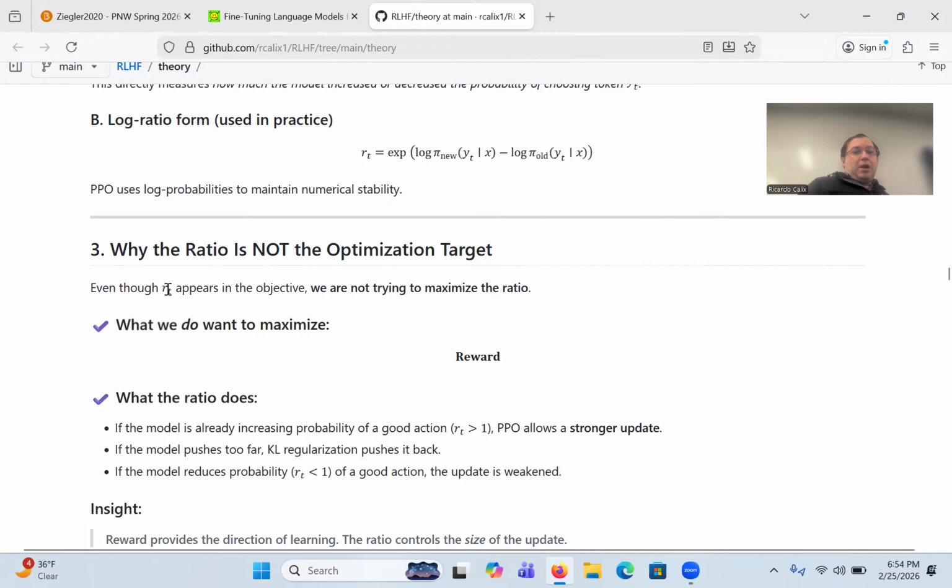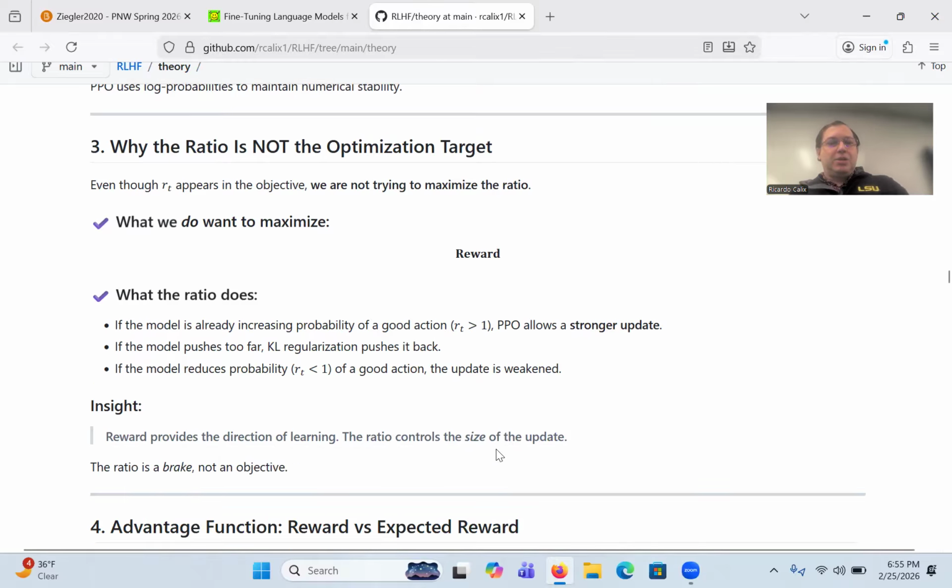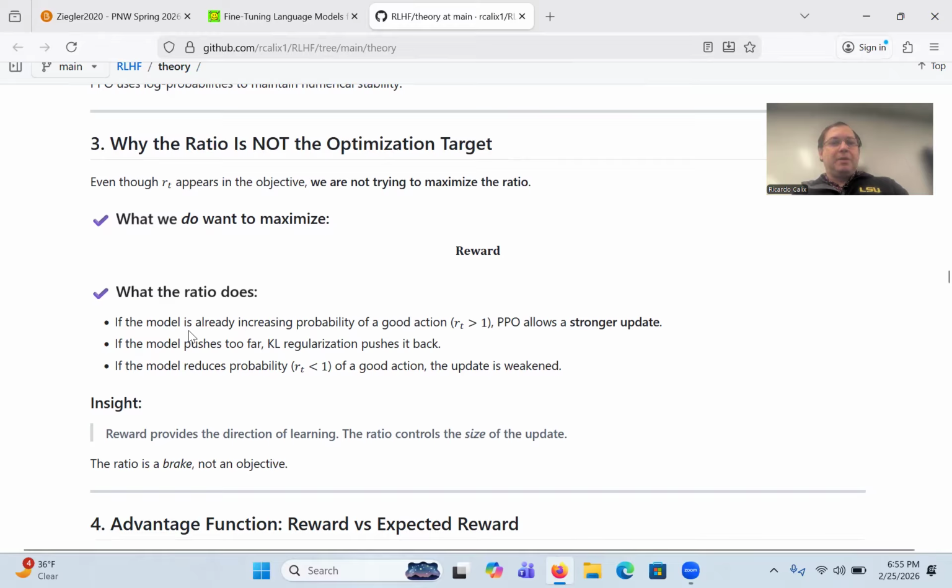So even though the RT appears in the objective, we are not trying to maximize this ratio essentially because it's a little bit of a control. What we do want to maximize usually in reinforcement learning is the rewards. That's intuitive, right? We want to maximize the number of rewards that we get essentially. Let's think of the ratio. What the ratio does, if the model is already increasing probability of a good action, then it's going to be greater than 1.